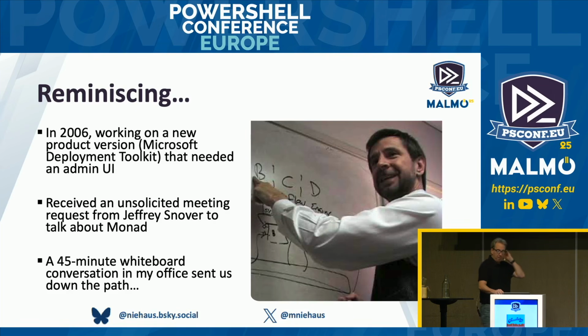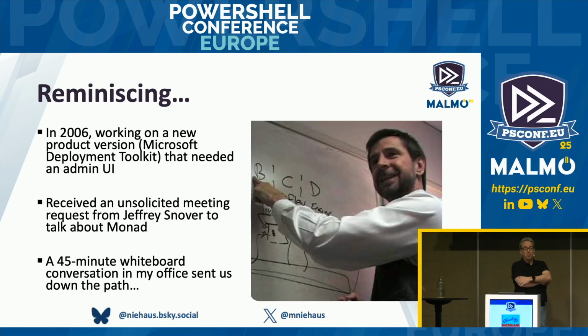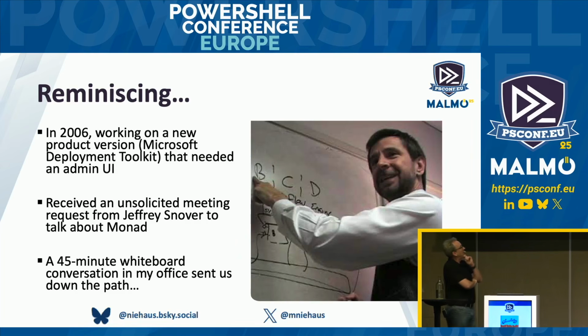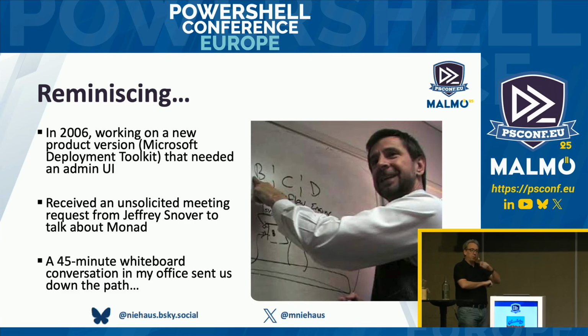So he came in, and as would be typical, he got on the whiteboard and started drawing things out. Here's what I'm building, Monad, it does all these things, and you can use it in this way and that way. And by the time he was finished with his 45-minute conversation, we said, yeah, good timing, because we're building an admin tool for a new product, and we need to base it on something.